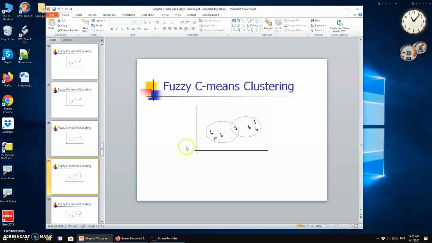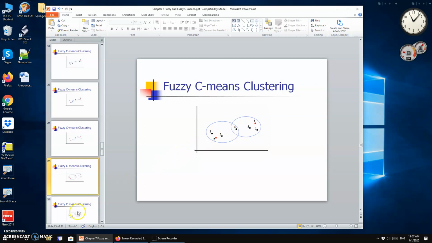However, once we go through the whole percentage calculation, which we'll talk about with the formula pretty soon, we can set up a threshold saying that as long as you are greater than, for example, 40%, then you are considered part of the cluster. Therefore, in this method we still generate 2 clusters, while node number 4 belongs to not only one cluster, but both of them. And this is the idea of fuzzy C-means clustering.